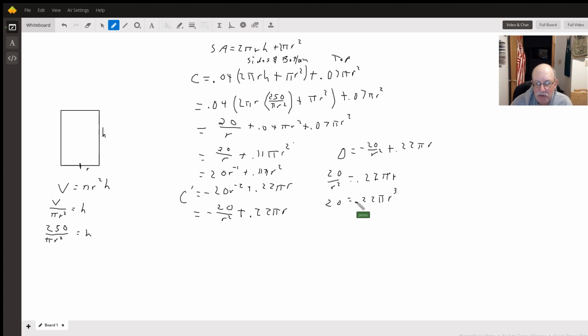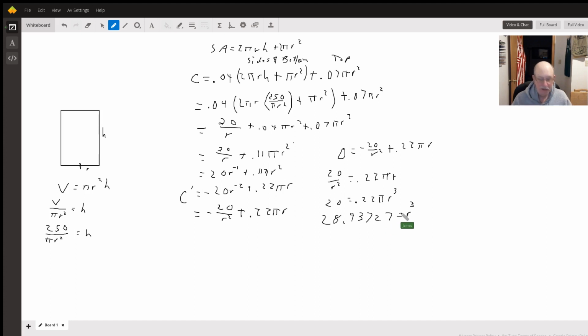Then we'll divide both sides by 0.22 pi. Now we'll do the pi. 20 divided by 0.22 divided by pi. So this equals 28.9. I'll get us plenty of decimal places here, so we got something to play with. That equals r cubed.